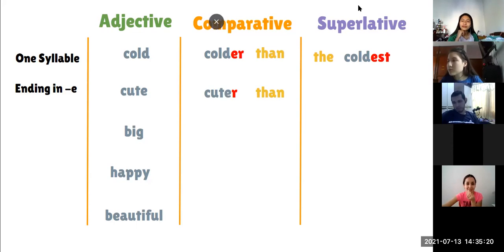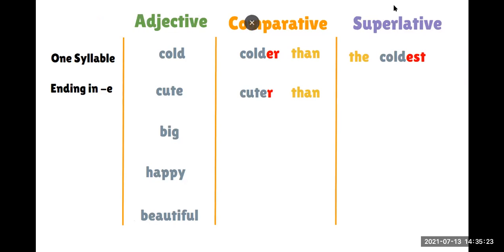Then we have the superlative. What is the superlative form of cute? The cutest. The cutest. Yes, very good. I want you to give me an example with the cutest, comparing one thing with the rest of the same group.